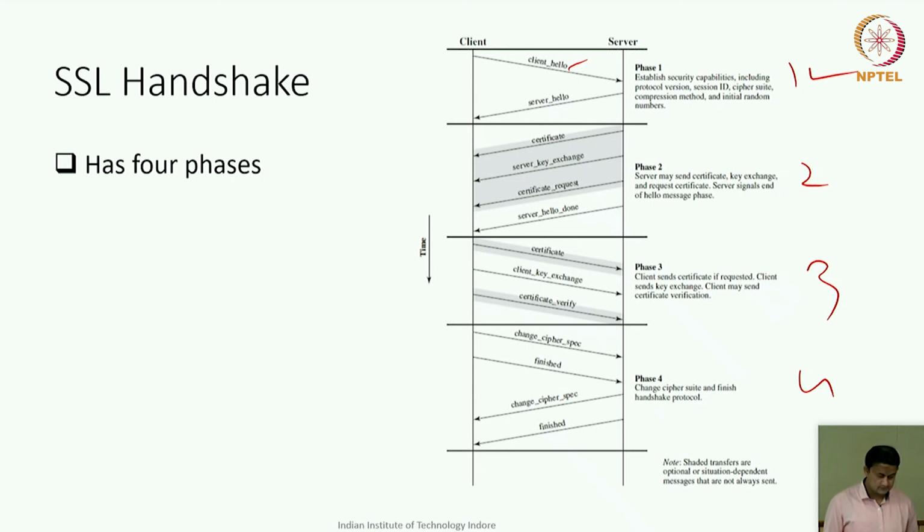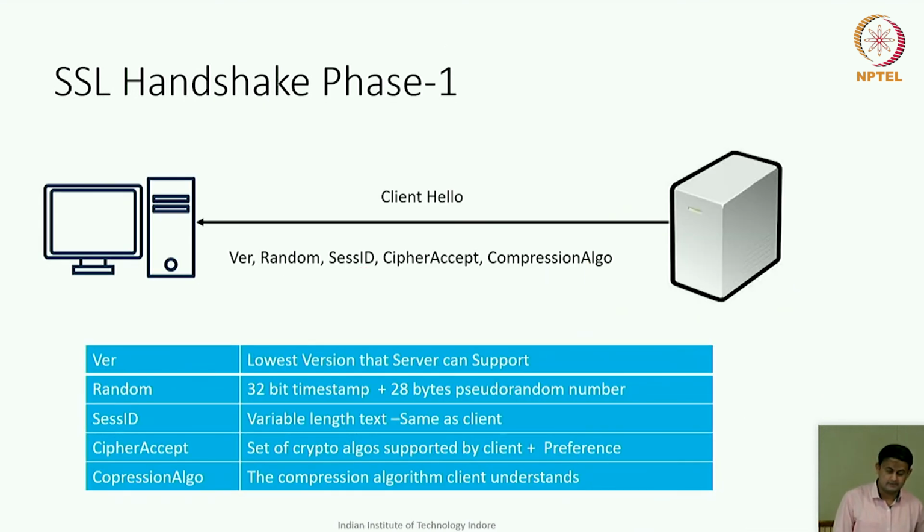And in phase 1 itself, the server also sends back a reply, which is more or less an echo of what the client has sent to the server. So the same set of quantities are there: the version number, the random number, session ID, cipher suite, and compression algorithm. In the previous case, the version number was the highest version that the client can support.